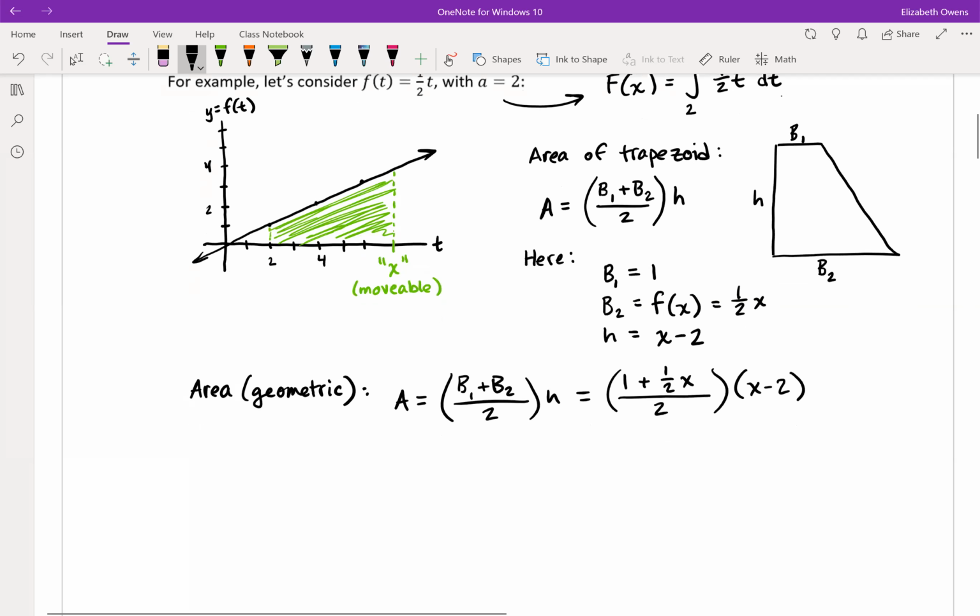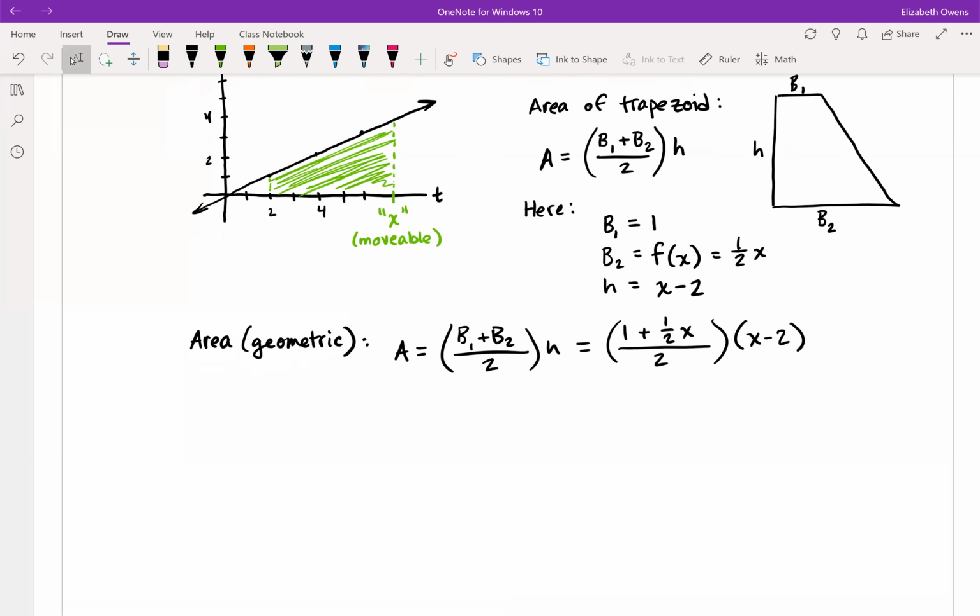And let's simplify this. We definitely can here. So we would get A equals, let's get a common denominator up there. That'd be 2 plus x over 2 for these terms right here, because that's 1 plus x over 2.